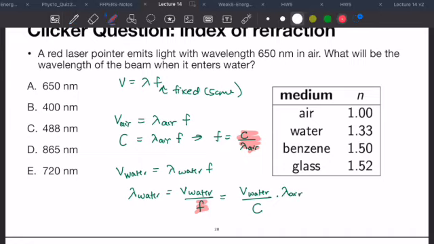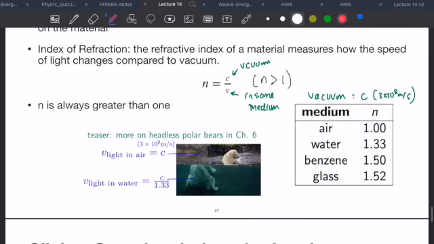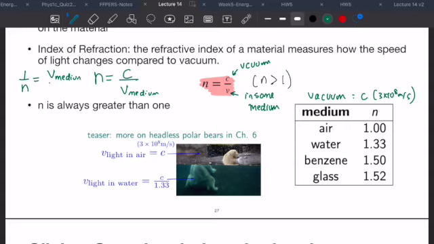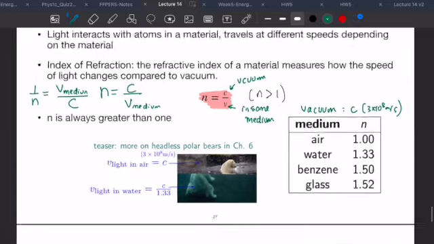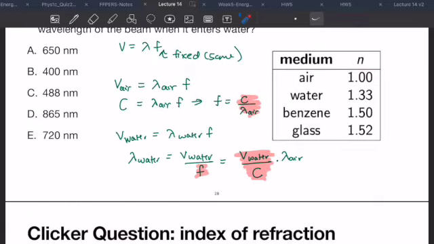Now recognize that the speed of light in water divided by c is essentially 1 over n, because n is c over v in some medium. That means 1 over n is v in that medium divided by c, and that's exactly what we have. This is just 1 divided by n.